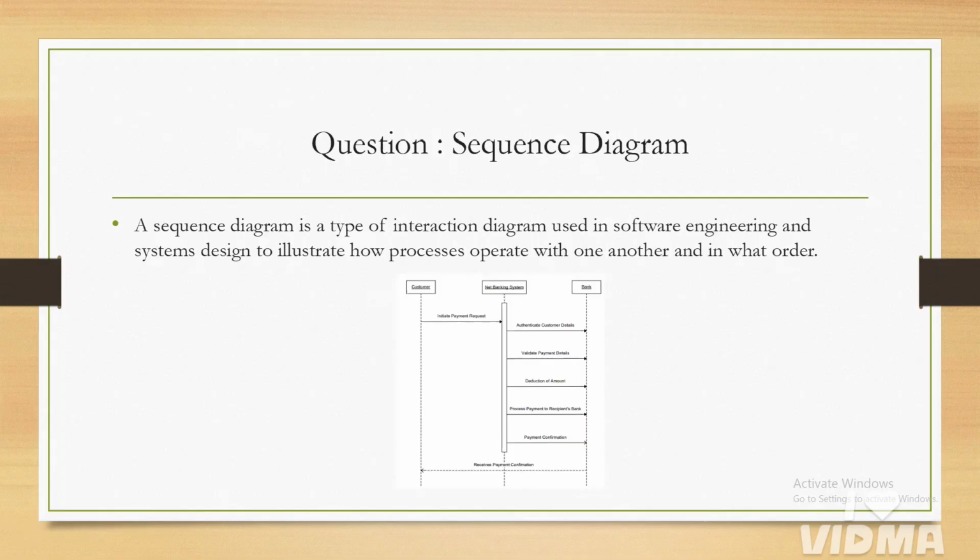Actually, it is drawn by the developers team. Software developers will be drawing the flow of the system, how it works. We just need to know about that sequence diagram, how the flow is going, because whatever the backend thing is, we don't know how it works.